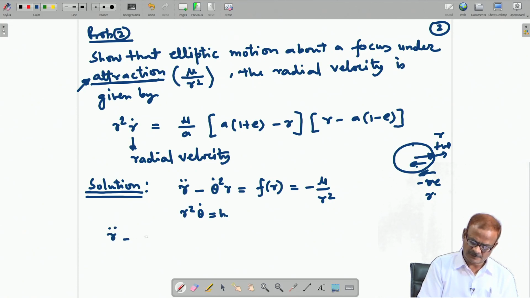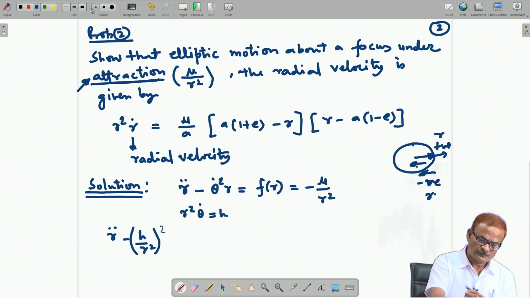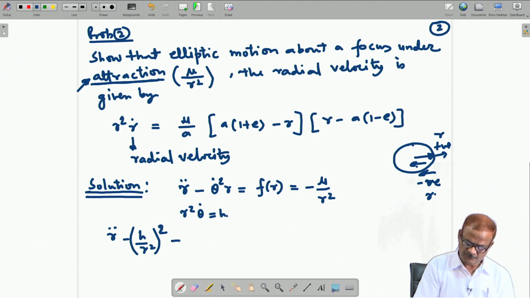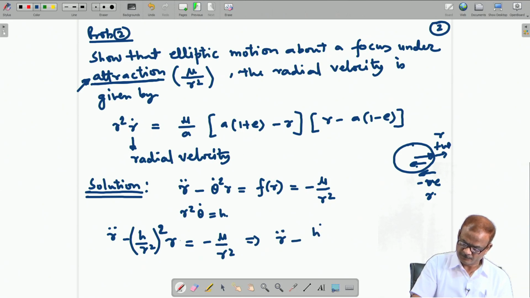So, r double dot minus theta dot, which is h by r square, the whole square, times r, equal to minus mu by r square, and this implies r double dot minus h square by r cube equal to minus mu by r square.